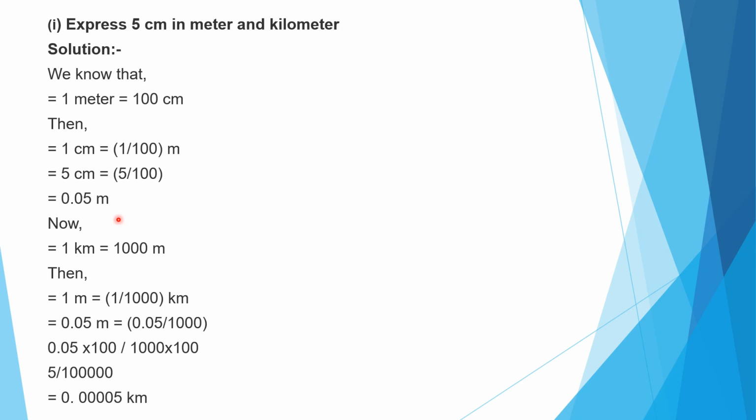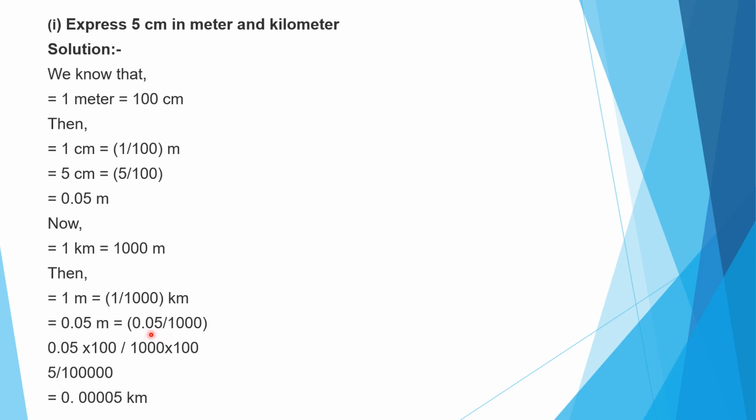So we can convert that into kilometers. 1 kilometer is equal to 1000 meter. That's why 1 meter is equal to 1 by 1000 kilometer. So 0.05 meter is equal to 0.05 by 1000. From where we got this 0.05? Because we have converted this 5 centimeter into meter. That only we have taken here.